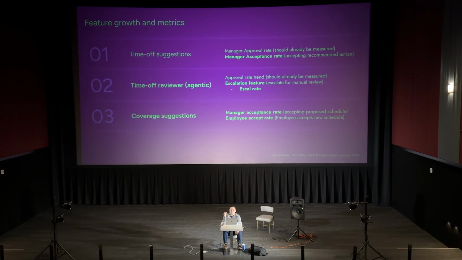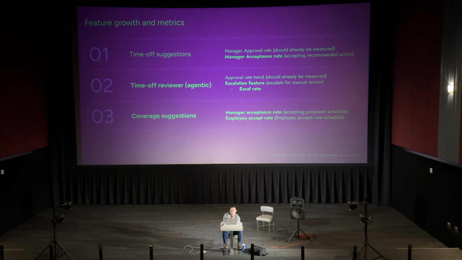So in this scenario, we are looking at the manager accepting, right? They're accepting a proposed schedule. So Justin is going to be out on Friday, and now we're recommending that Jessica takes that shift. Is the manager accepting that? That is the key metric we're going to measure.